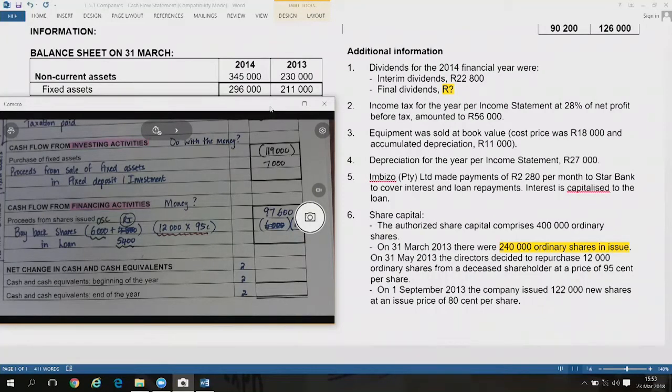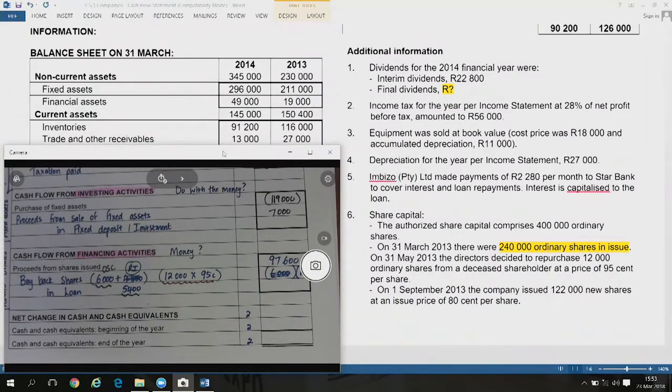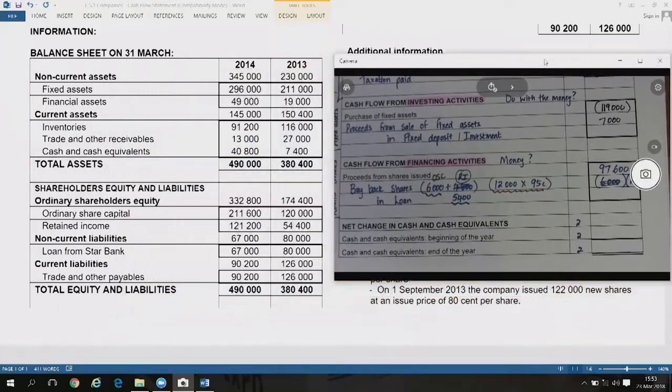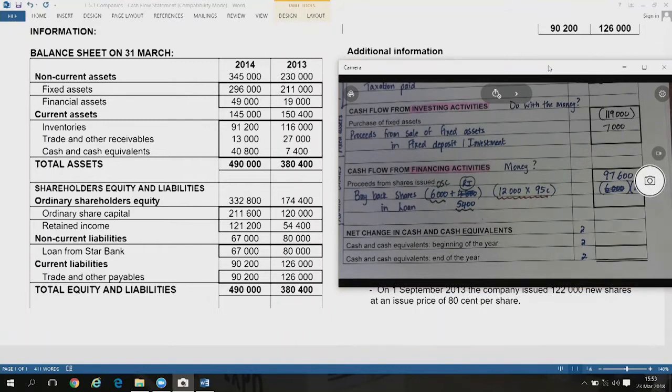And then number 5, Imbizo made payments of 2280 per month to Star Bank to cover interest and loan repayments. Interest is capitalized to the loan. Where is the loan? There is our loan from Star Bank.